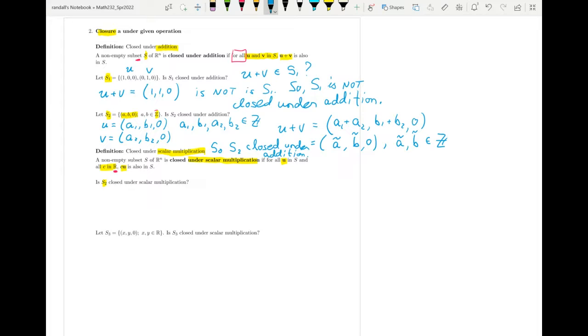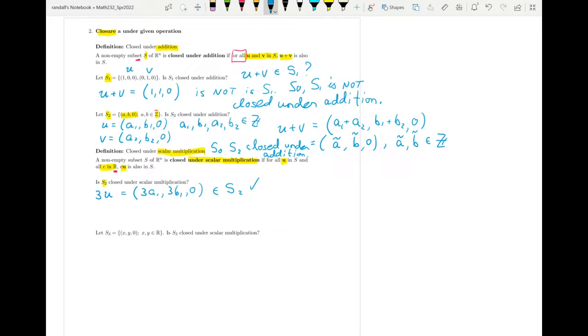It may or may not. So for example, let's look at an example. Let's take 3 times this vector u up there. So what is 3 times u? It's going to be 3a1, 3b1, and 0, for that vector u above there. And this is in S2. So that vector multiplied by that scalar 3 is also in the set S2.